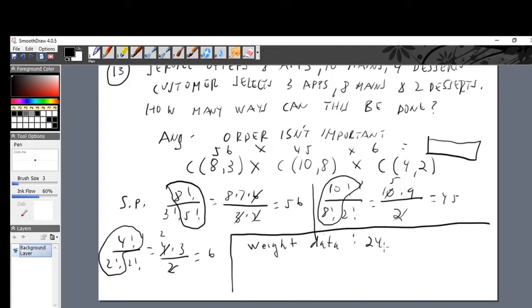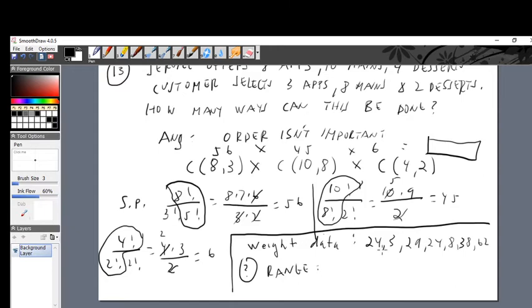Here's the raw data, and it's not organized in any way. Raw data: let's say it's pounds. 24 pounds, 3 pounds, 29 pounds, 24 pounds, 8 pounds, 38 pounds, 62 pounds. Question: what is the range?